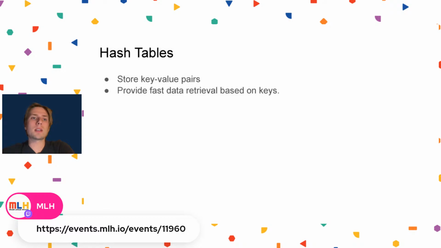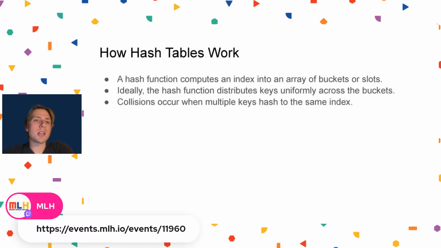So let's get on with the hash tables and how they work. A hash function computes an index into an array of buckets or slots. Ideally, the hash function is going to distribute these keys uniformly across the buckets.